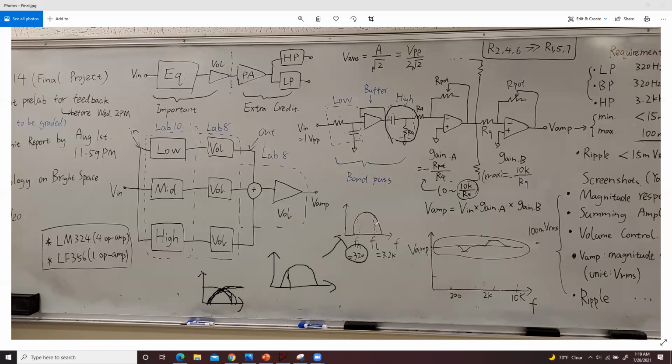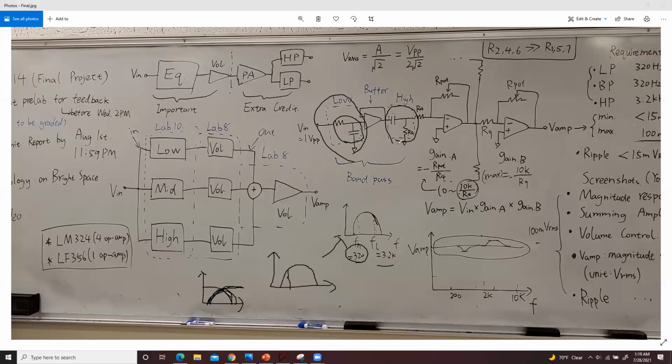Similarly, this curve here is defined by the low pass filter, so the cutoff frequency in here is used to calculate the RC value in here. That's how you can calculate the RC for the band pass filter.